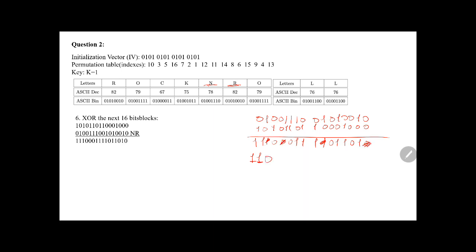Then the 16th one will be here. And then the 7th, which is this one, will be here, and then the second, which is this one, then the first, which is this one, and then the 12th, 3, 4, 5, 6, 7, 8, 9, 10, 11, 12, which is this one.